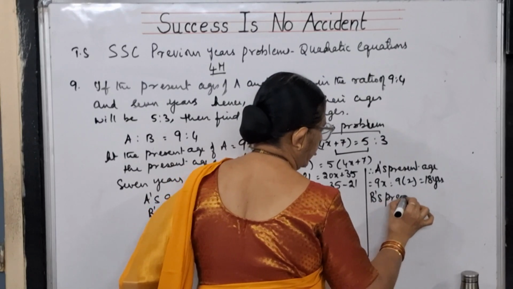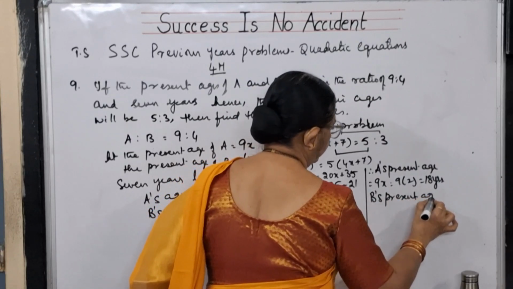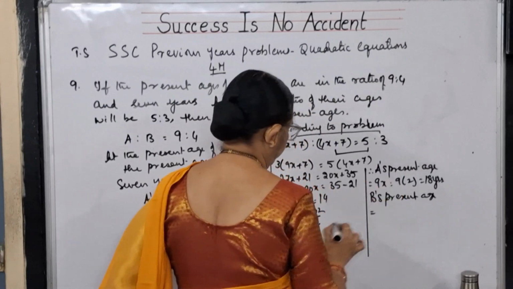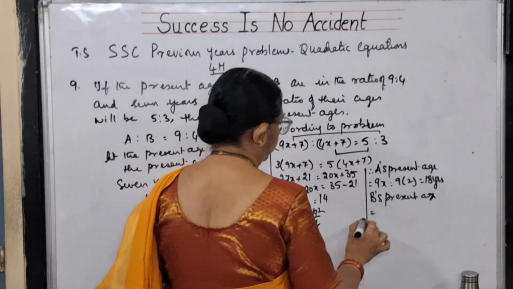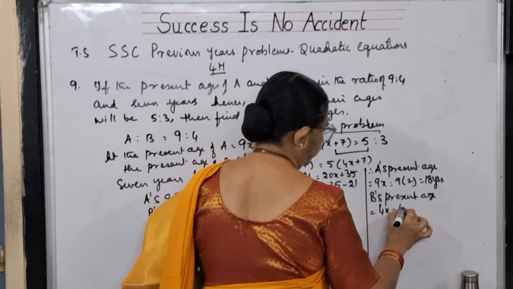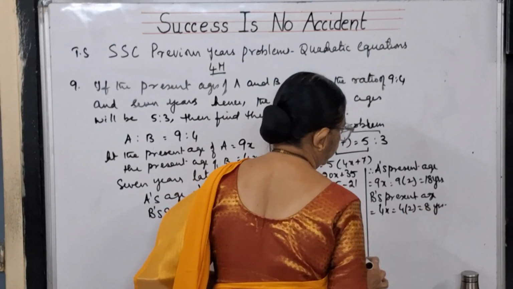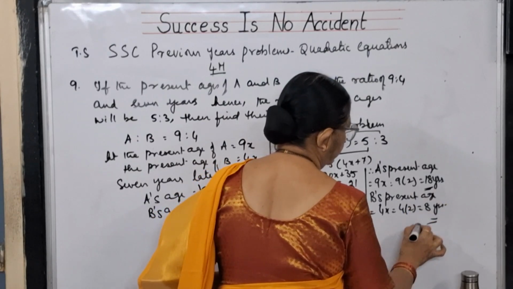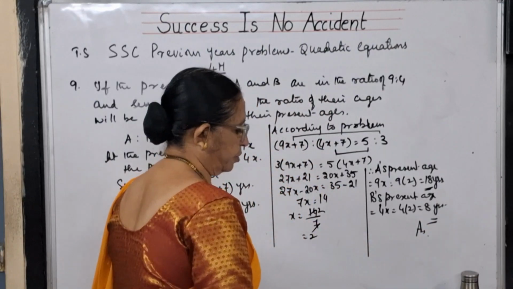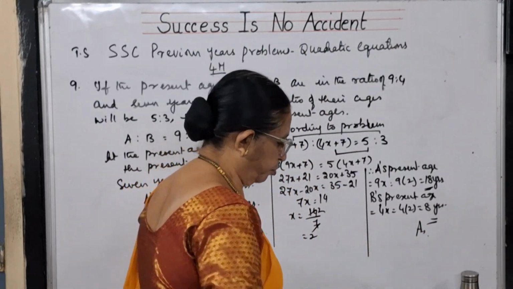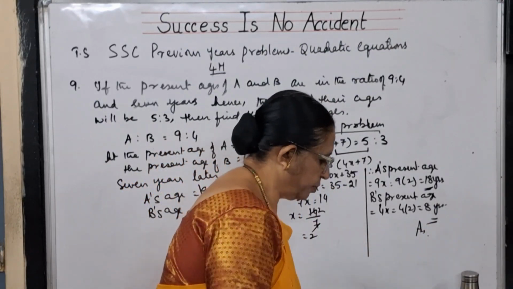B's present age is equal to, how much have we got? 4x. 4 into 2, 8 years. So these are the answers, children. So please copy it.